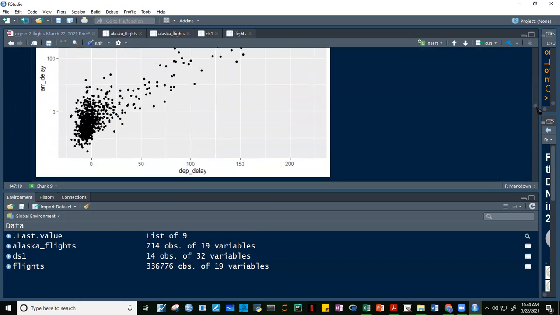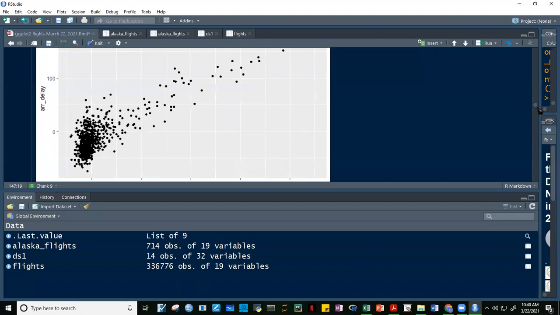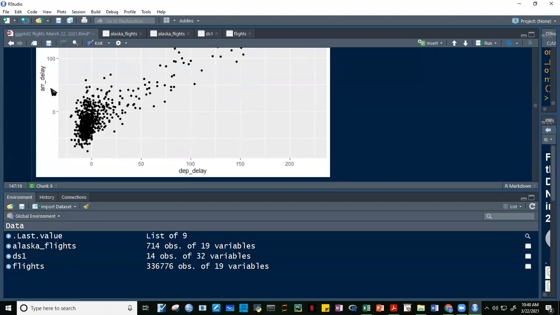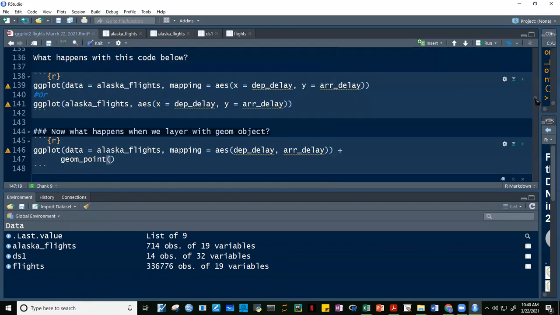So there you have your first ggplot2 plot. Okay, any questions so far, guys? This is your arrival delay, which is your y-axis, and departure delay, which is your x-axis. A case in point, guys.